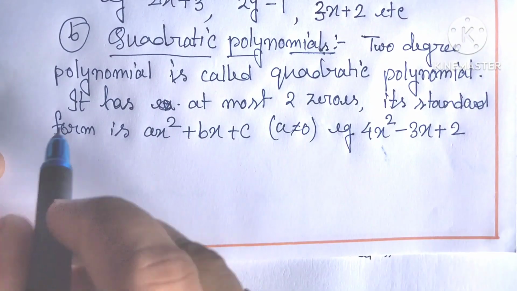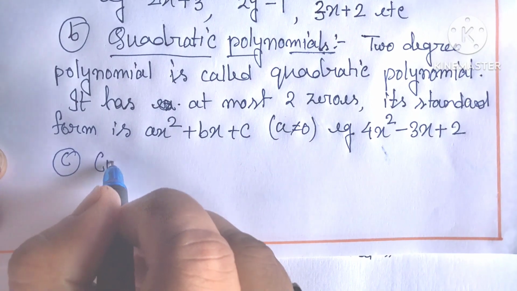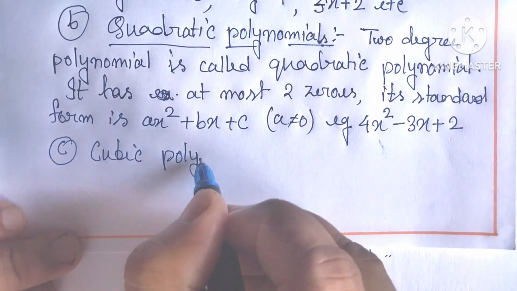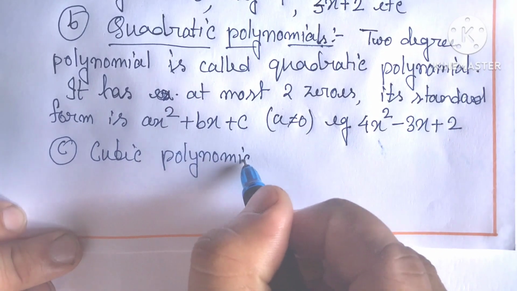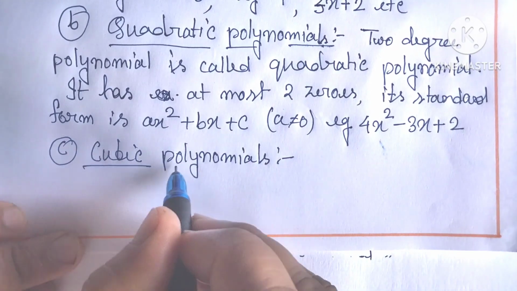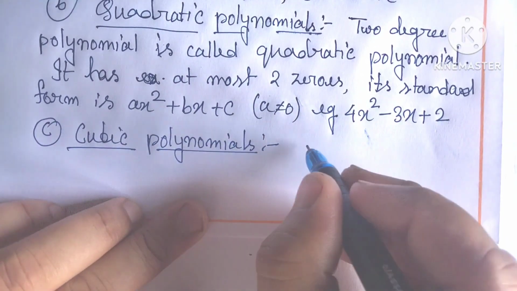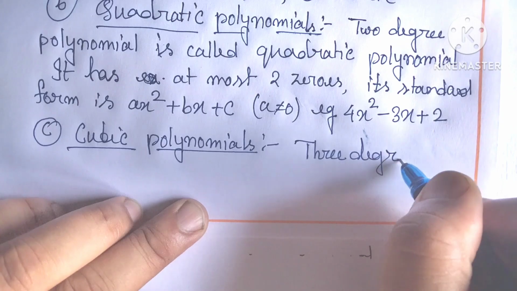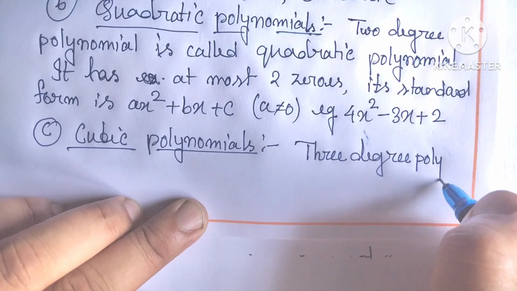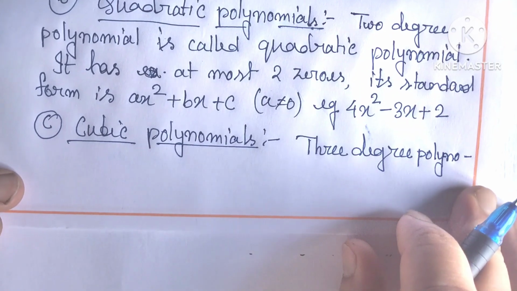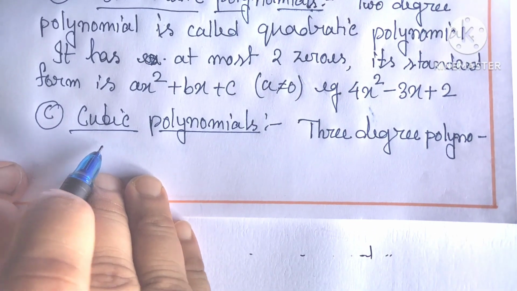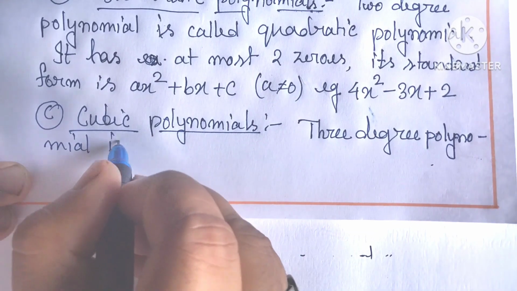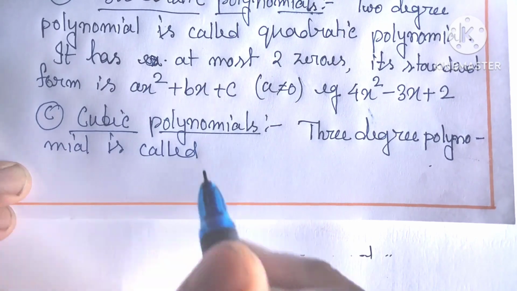Again, cubic polynomial. Cubic means a 3 degree polynomial. A 3 degree polynomial is called a cubic polynomial.